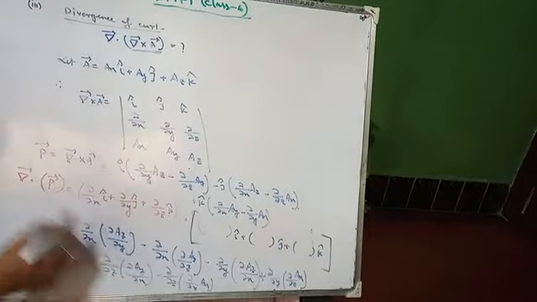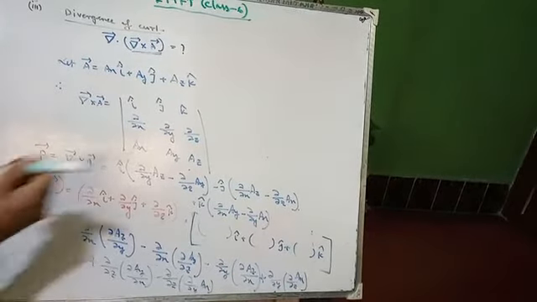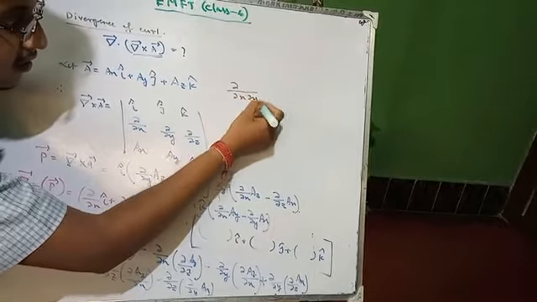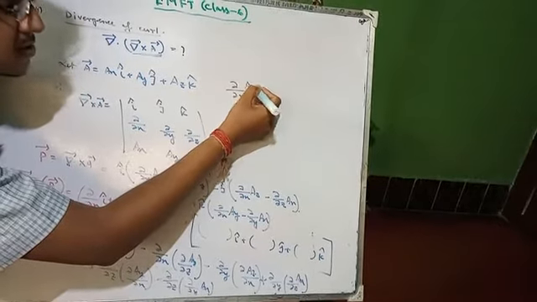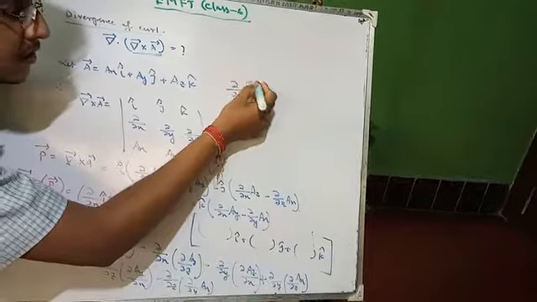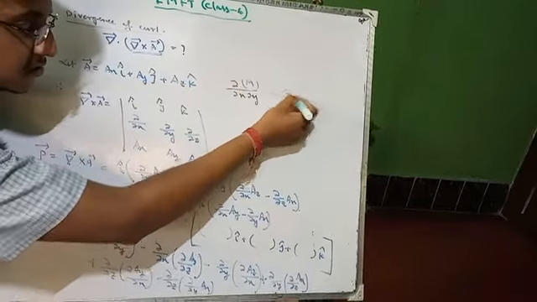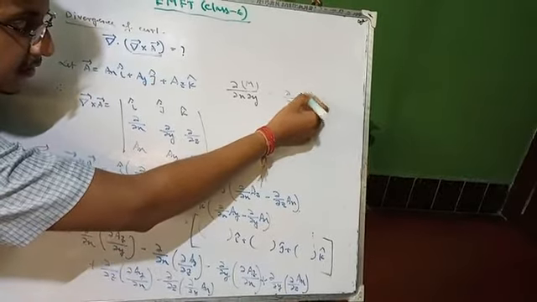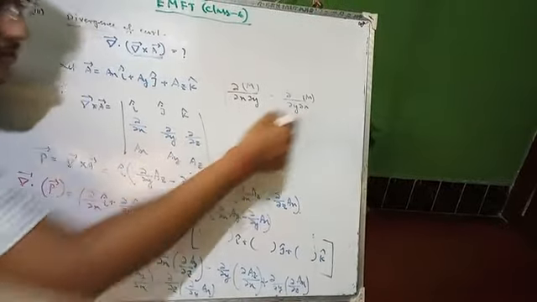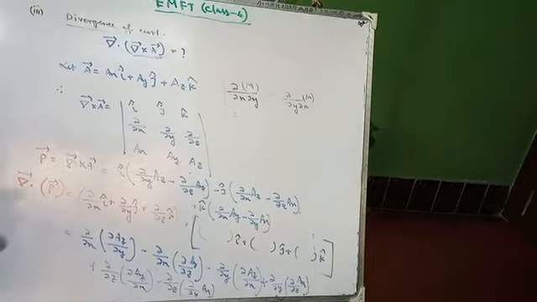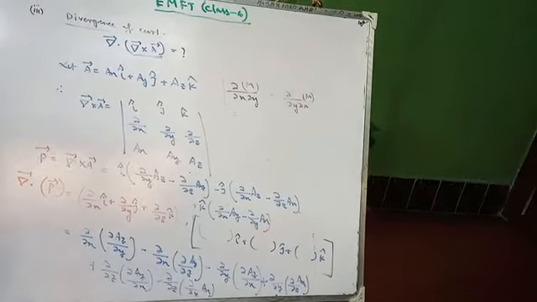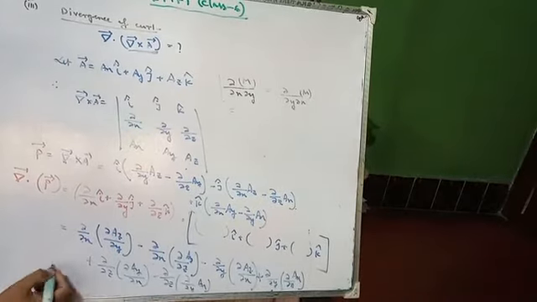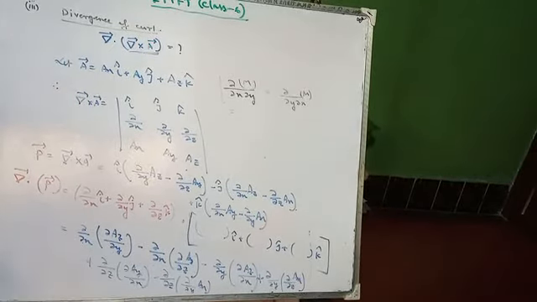This is a property: del x del y of something, suppose it is m, equals del y del x of m. Similar thing. This is the commutative property of vector partial derivatives. So what will be the result?